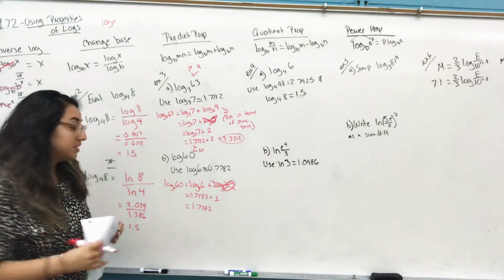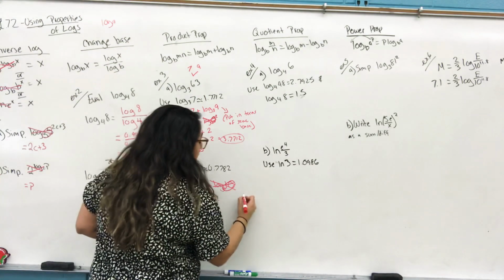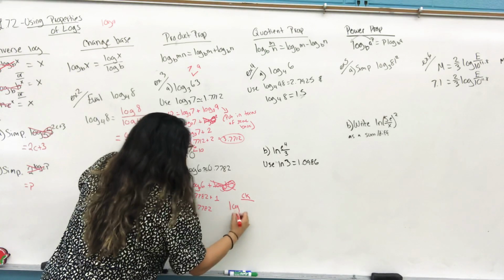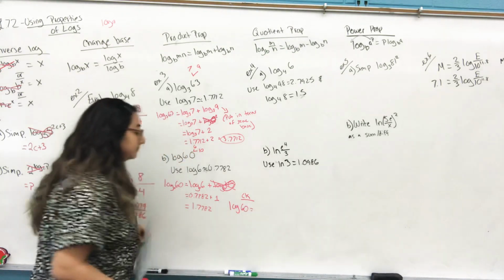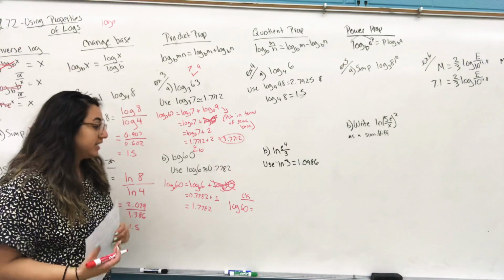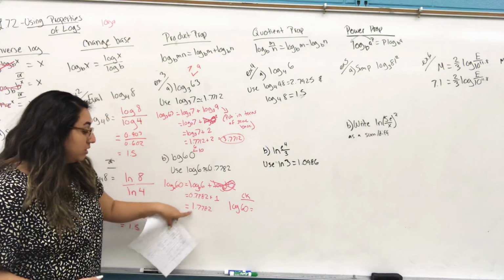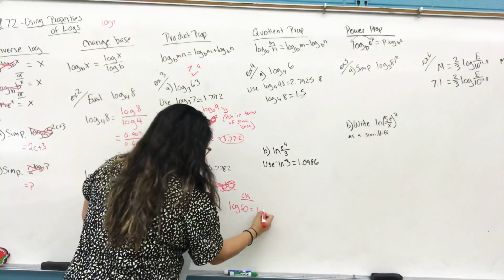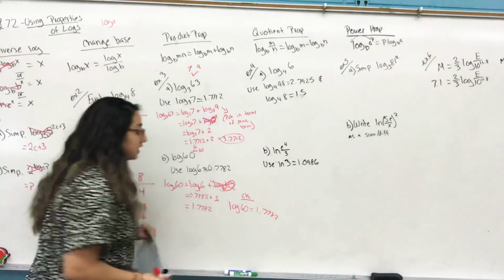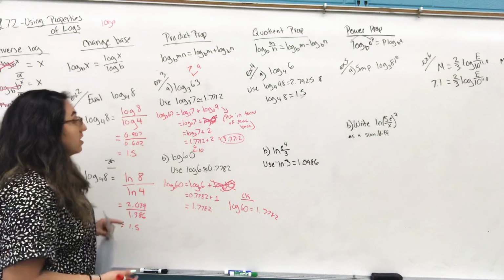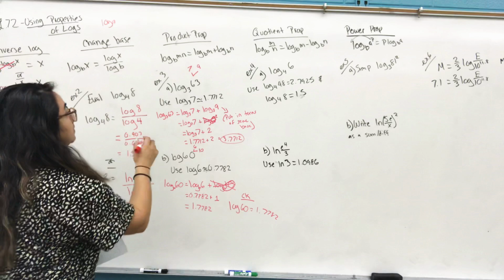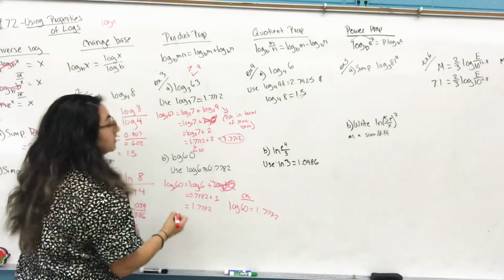To check your answer, to see if you're doing it right, all we have to do is use the change of base. So let's grab a number, log of 60. Log of 60, you can actually put that in your calculator, and you end up with 1.7782. Or up here, example 3, log of 63.